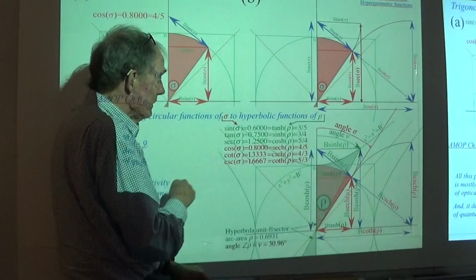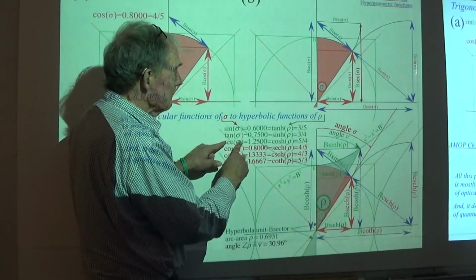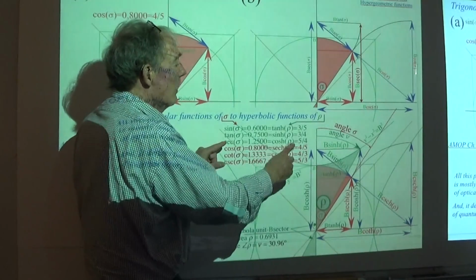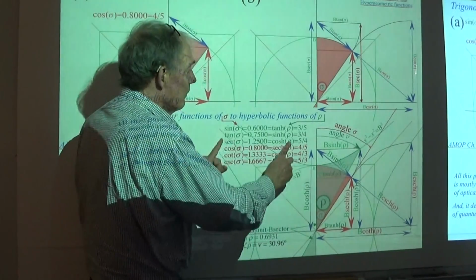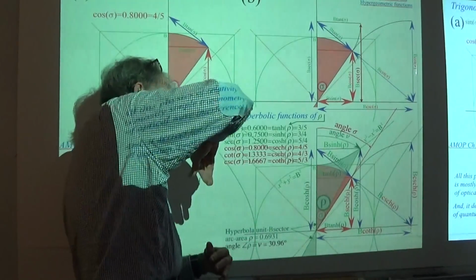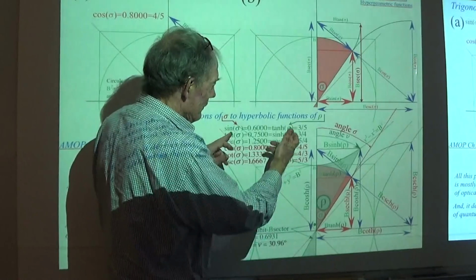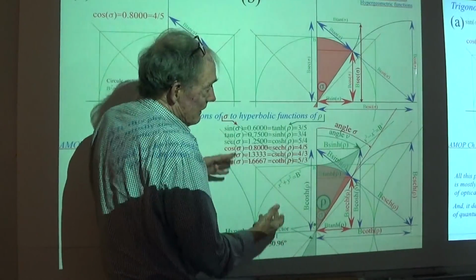They flip between each other a couple of times here. The secant of sigma is the hyperbolic cosh of rho. Sigma, rho, I use two Greek letters, one of them pointing this way and the other one turned over and pointing this way. Okay, and it's these two that we're going to play with, either one of them.